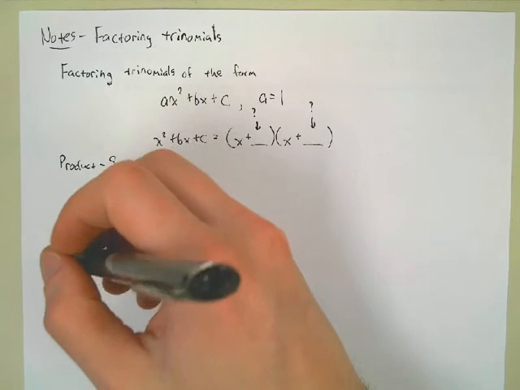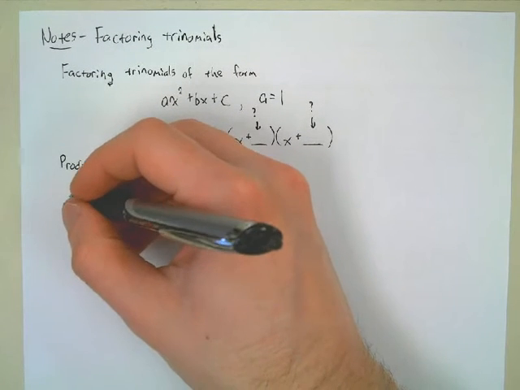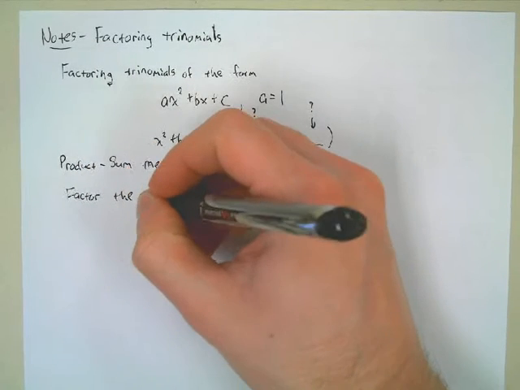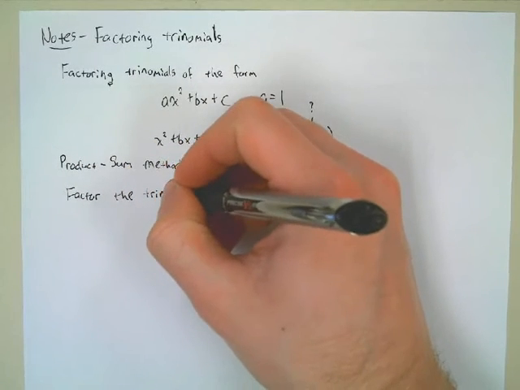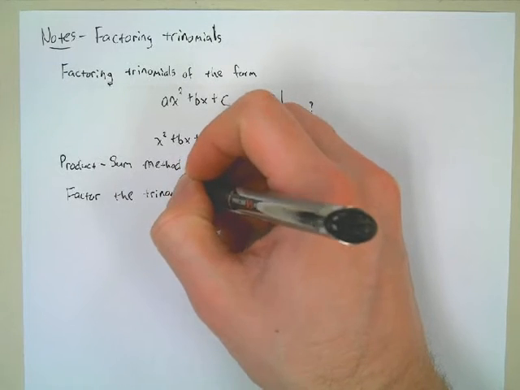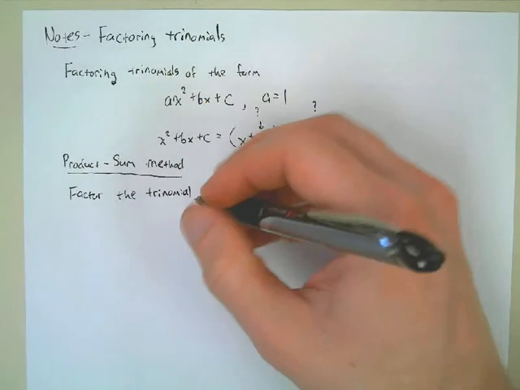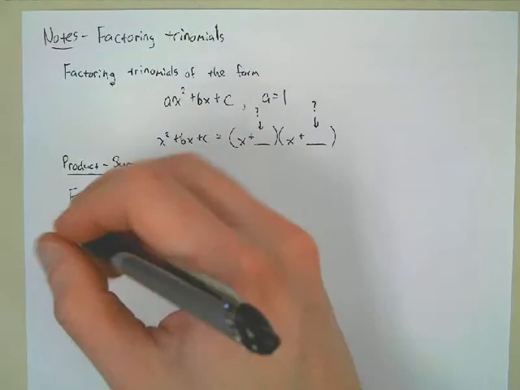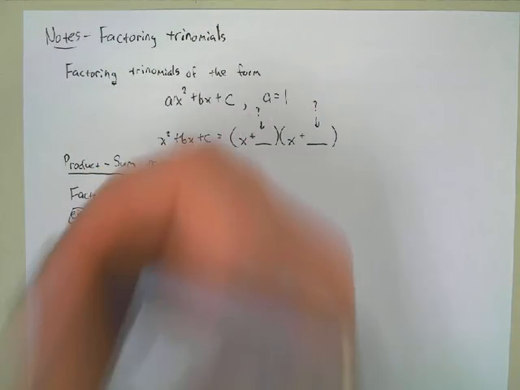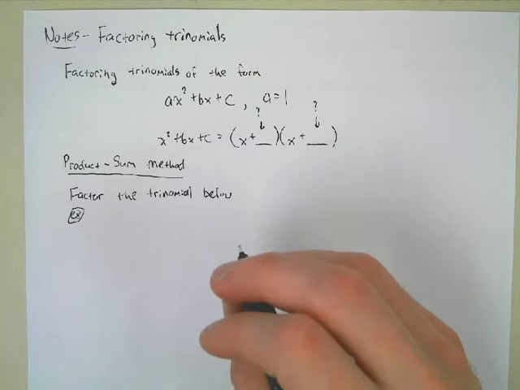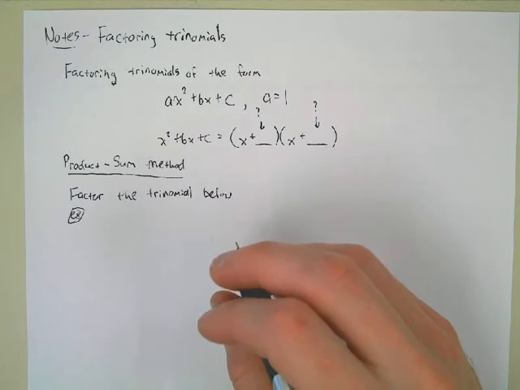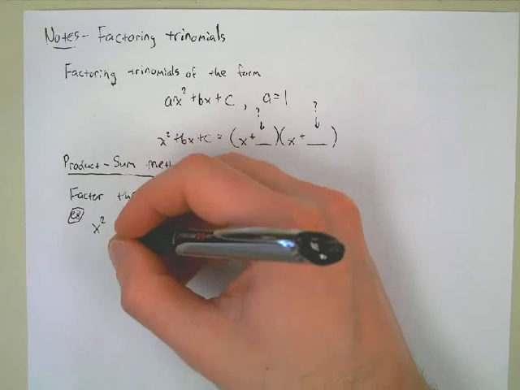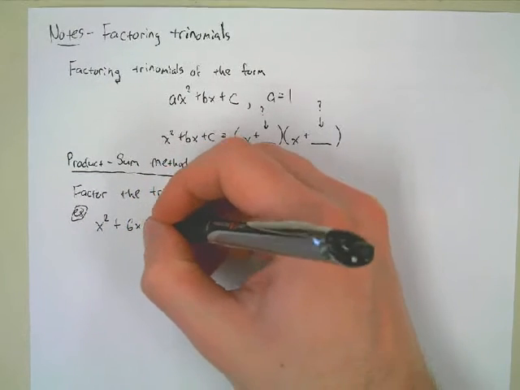Okay, so our goal here is to factor the trinomial. That's going to be our direction. So we're going to go right into a problem here. So, for example, let's say we've got x squared plus 6x plus 8.